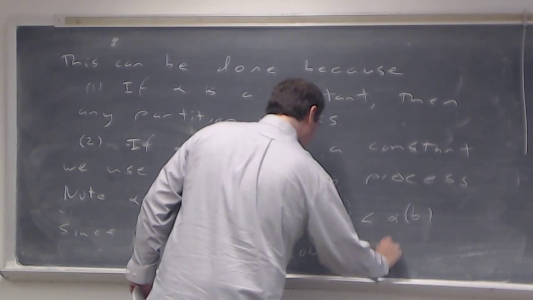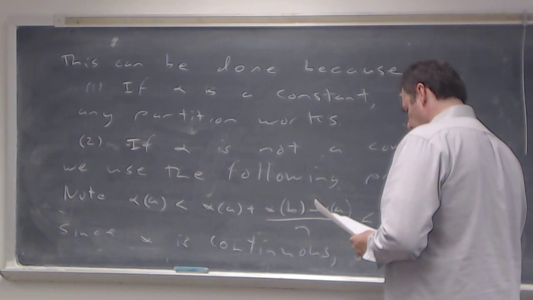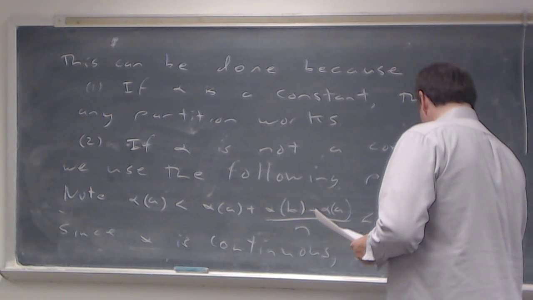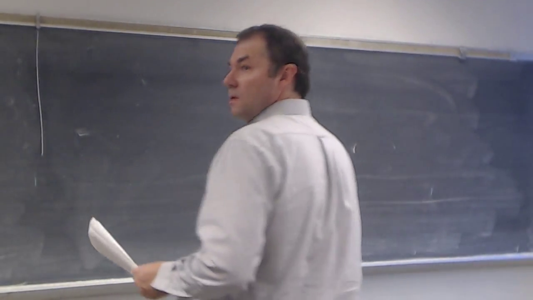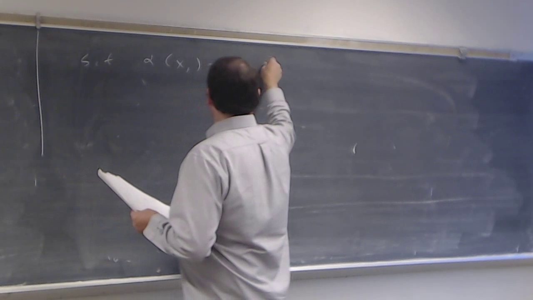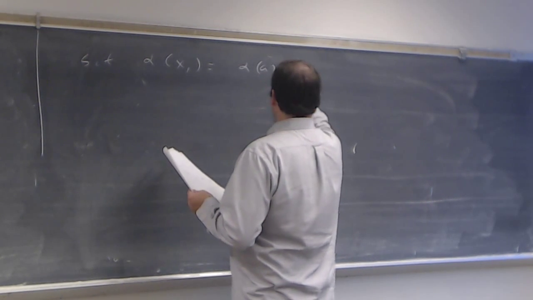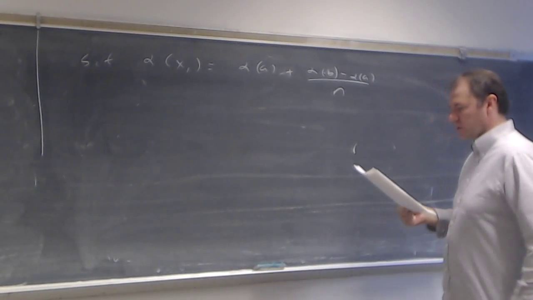So what that says is there exists an x sub 1 in A to B such that alpha of x sub 1 is equal to alpha of A plus alpha of B minus alpha of A, all over n. That's what I have. And this is by the intermediate value theorem.